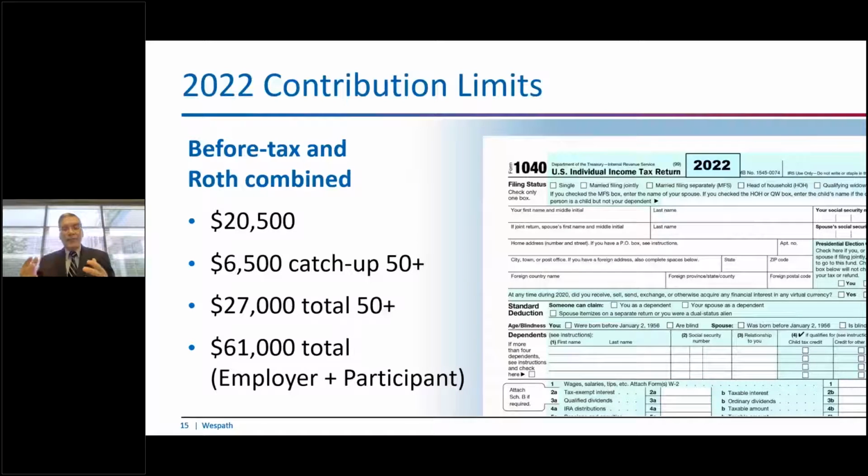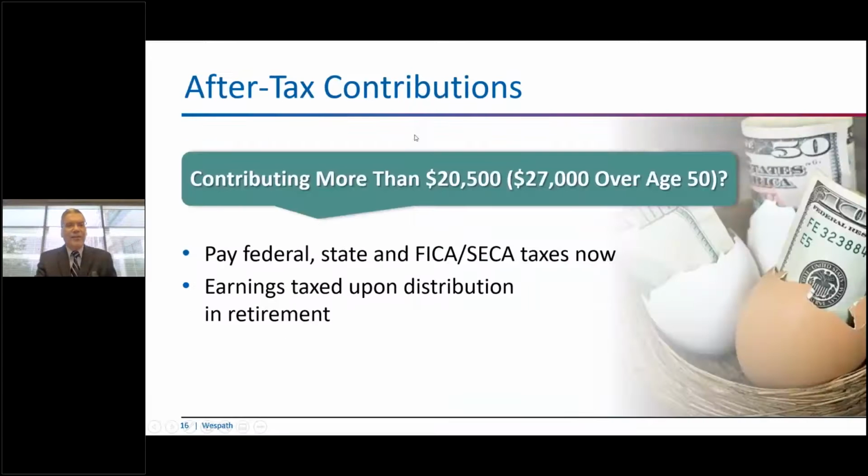So really, for some folks, you might see them maxing out, putting in a total of $27,000. Again, put in what you can afford. The total of employer and participant, all sources, not including rollovers, can exceed $61,000 for this year. So the limits are quite high.